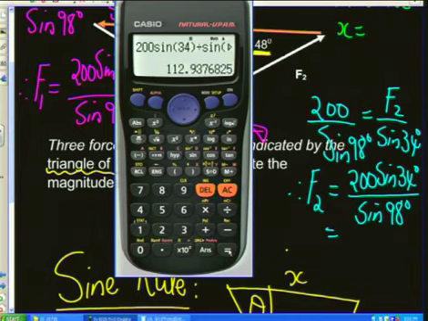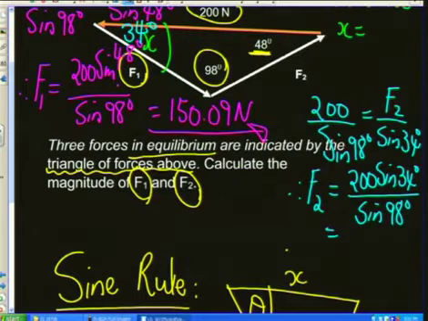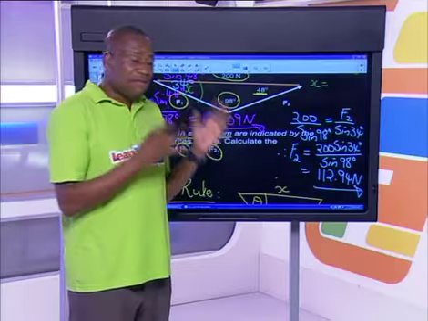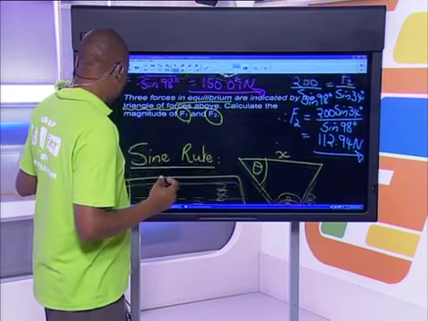So that will be 112.94 newtons. So I have found what the forces are, F1 and F2, using the sine rule.